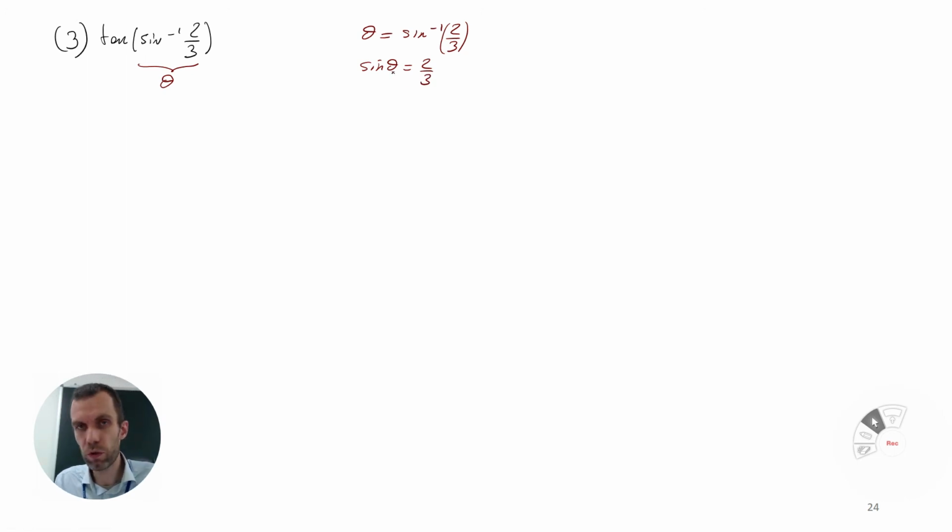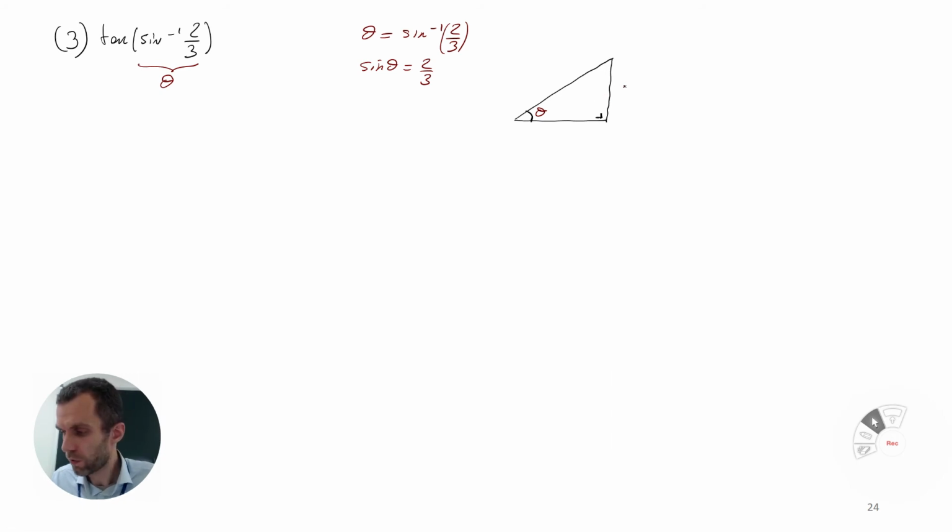In order to understand a bit what the angle theta is, let's draw a right angle triangle. And let's call this angle right here theta. Then the sine is the opposite divided by the hypotenuse.